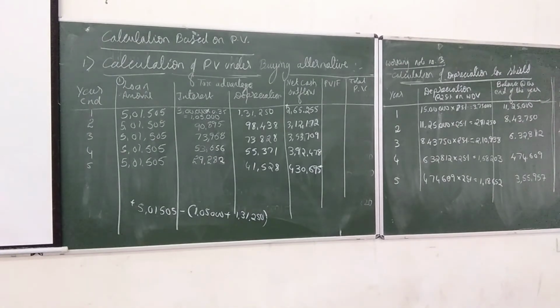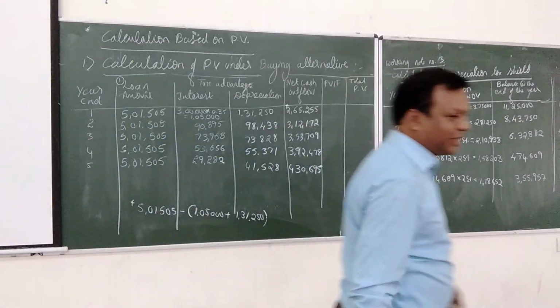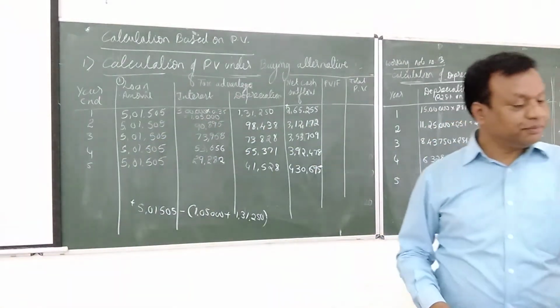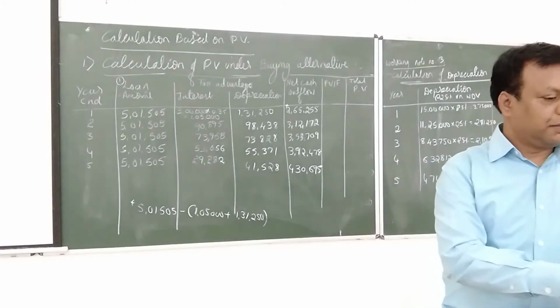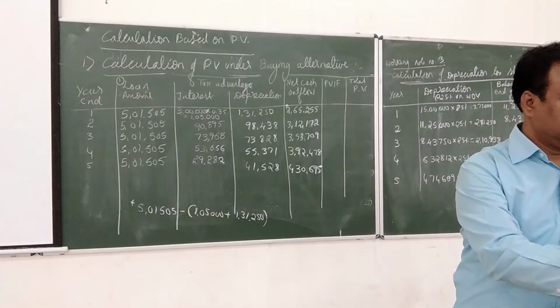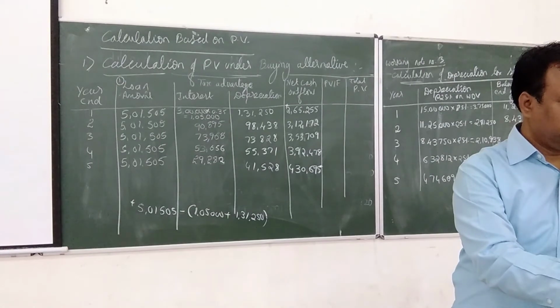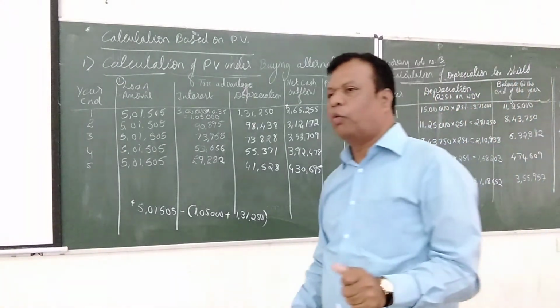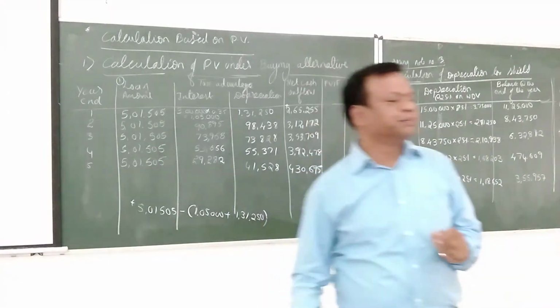Now what should you do? If you find the present value interest factor, what rate are you using? Just use your common sense. What is the discount rate we will take?